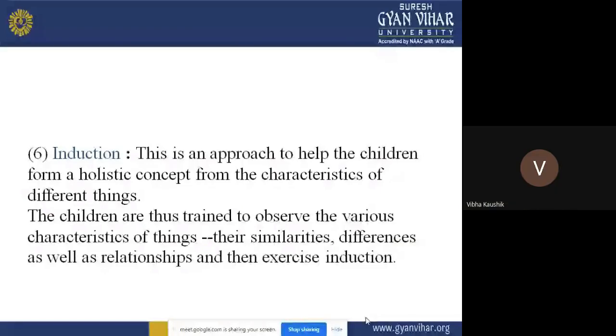The children are thus trained to observe the various characteristics of things: the similarities that exist between them, the differences, as well as the relationships they form. Then they exercise induction, and after that we apply the induction concept.